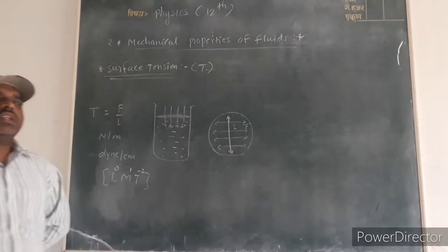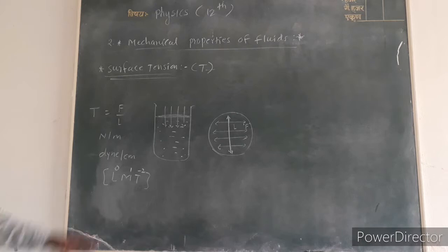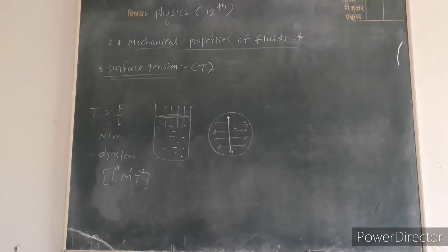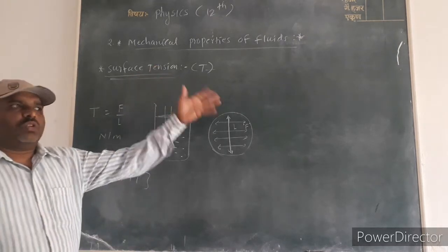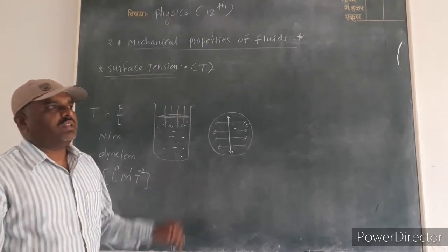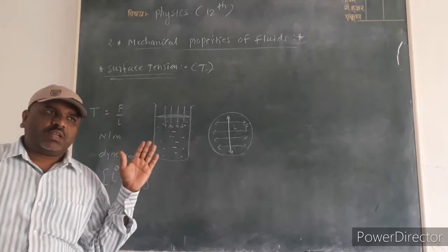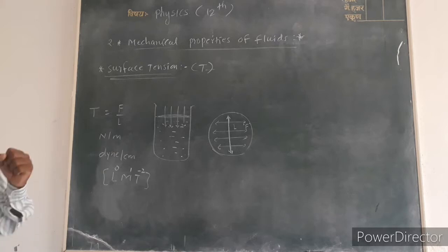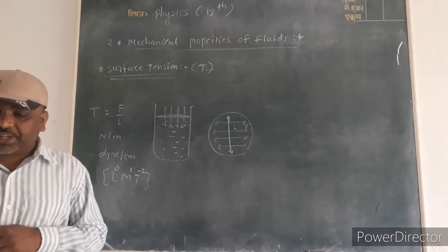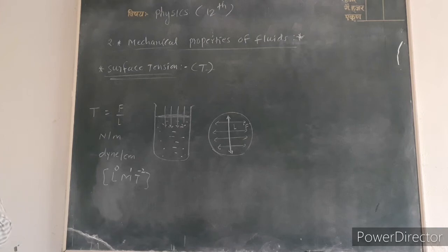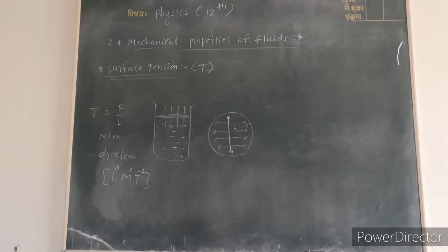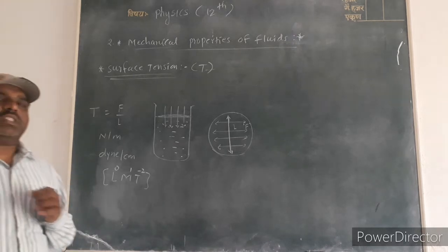Surface tension is one of the properties of fluid. When the fluid or liquid is at rest, the liquid shows different properties called surface tension. Another definition: the tangential force acting per unit length on both sides of the imaginary line drawn on the free surface of liquid is called surface tension.